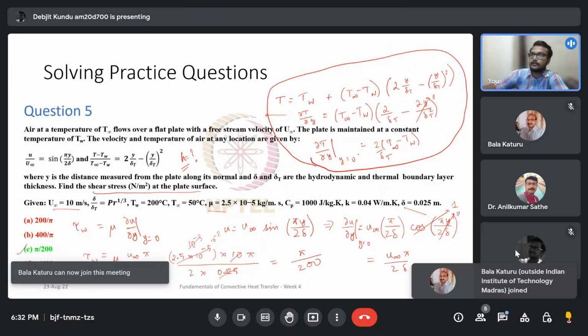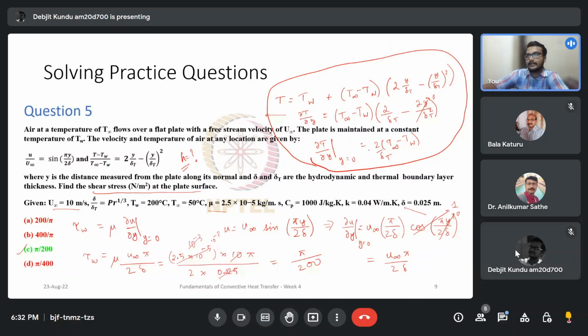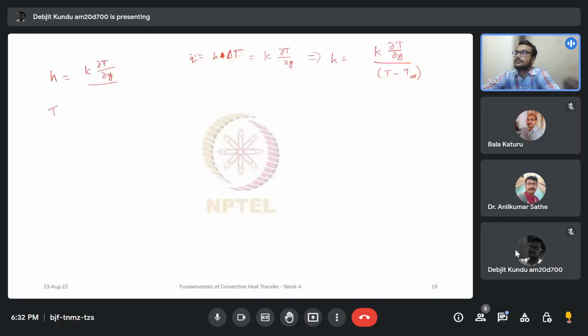We will use ∂T/∂y at y equal to 0, which equals 2/δT into (T infinity minus Tw). So here we will put h equal to k into 2/δT into (Tw minus T infinity), and in the denominator we also have Tw minus T infinity.